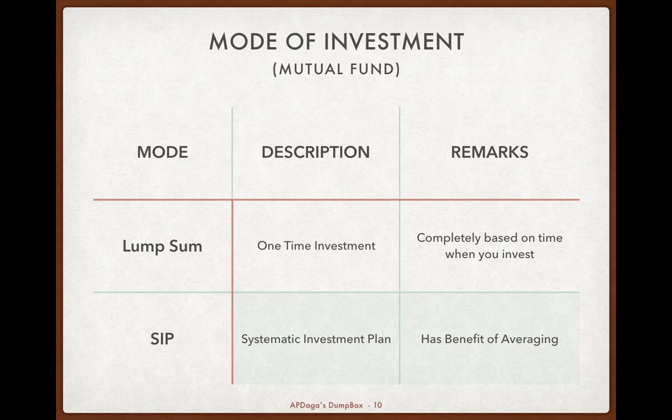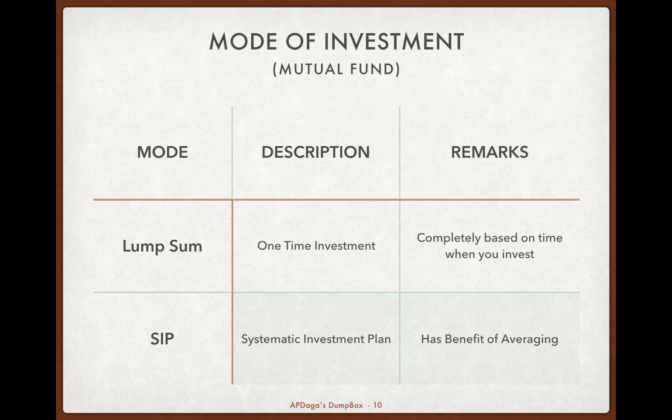Mode of investment: if you want to do a one time investment, that is a lump sum. And if you want to invest each month, that amount automatically gets deducted from your bank, and similar mutual fund quantities get added into your mutual fund account.